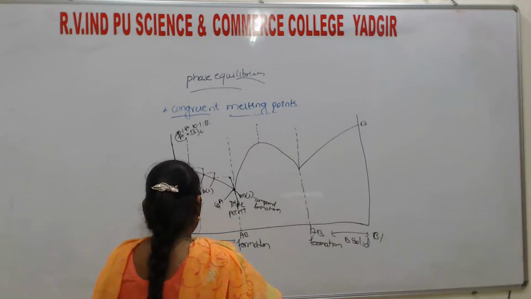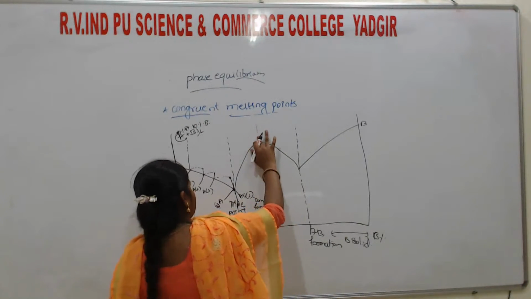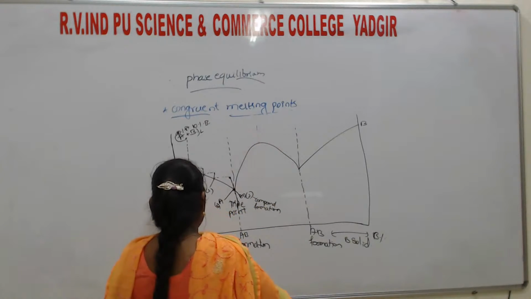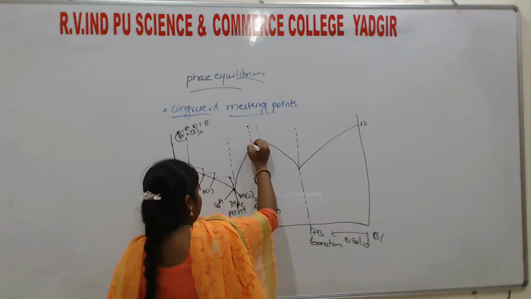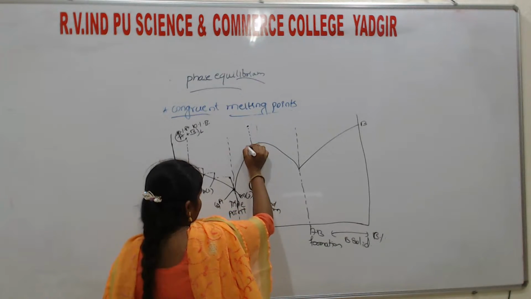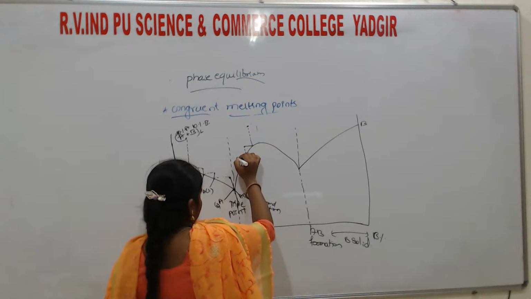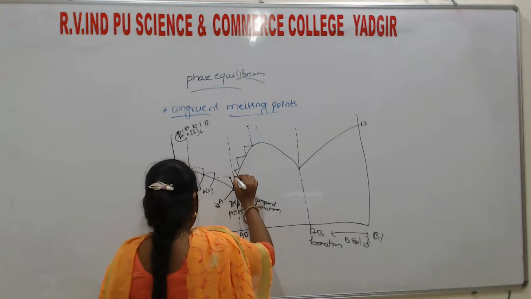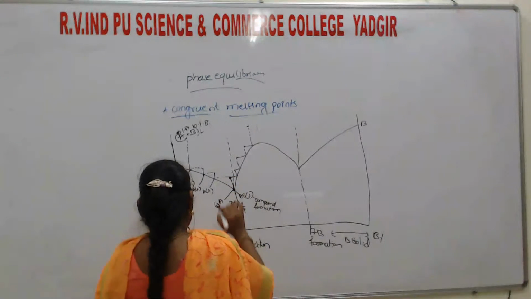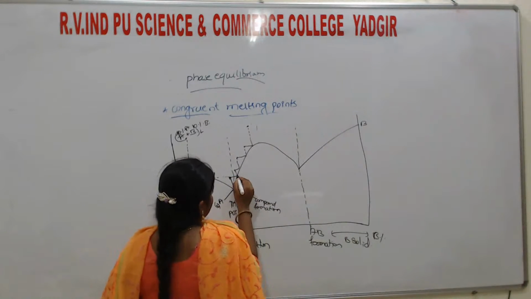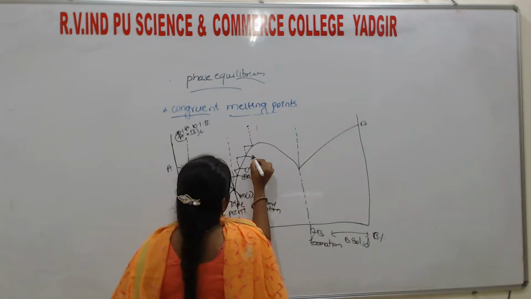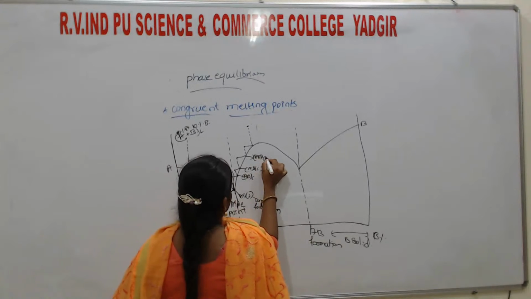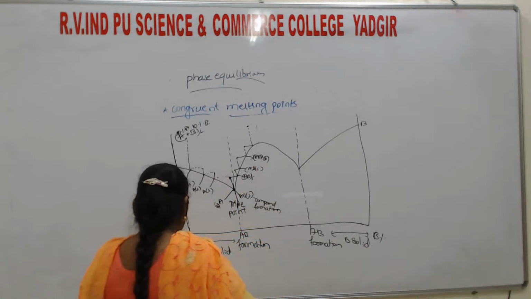Next the composition changes, next the composition changes, next the composition changes, and finally we get this point. Here AB solid is separating, AB solid, here also AB solid.